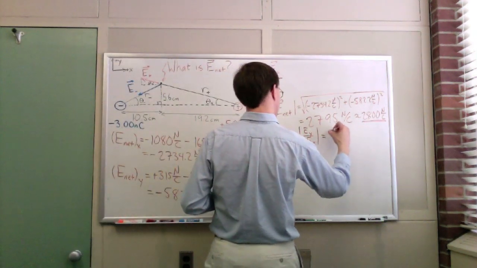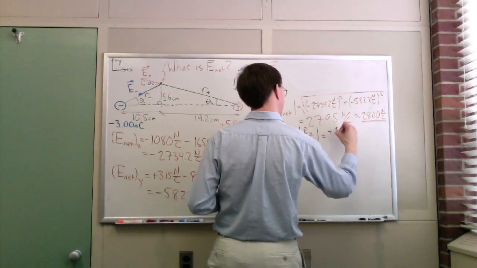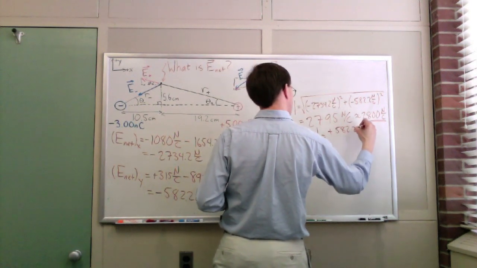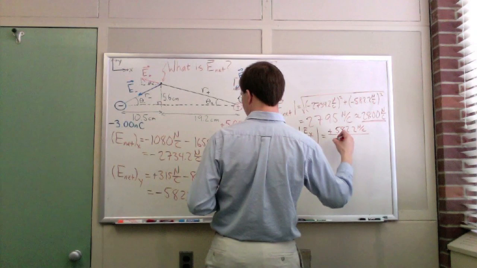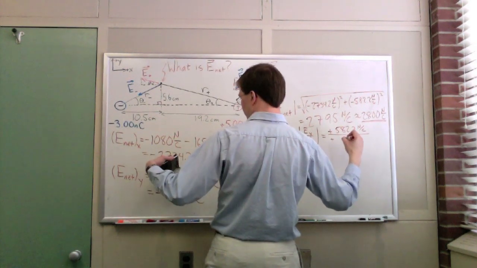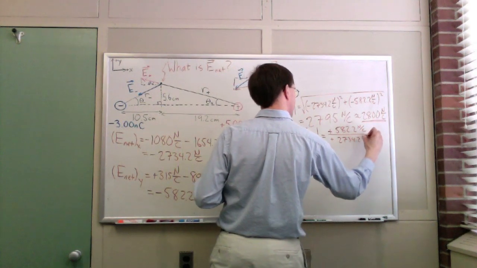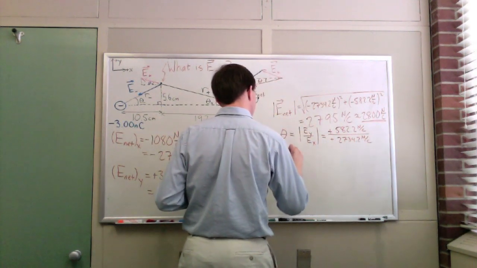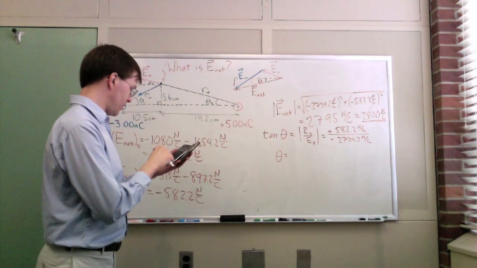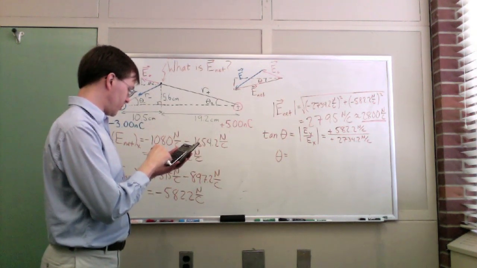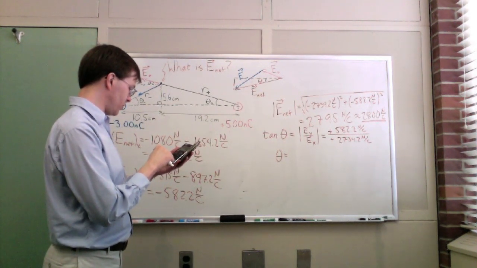Y, that's plus absolute value 582.2 newtons per Coulomb divided by, and I'm canceling out the plus and minus, I'm absolute valuing, 2734.2 newtons per Coulomb. If I then do an inverse tangent, I'll get 582.2 divided by 2734.2.